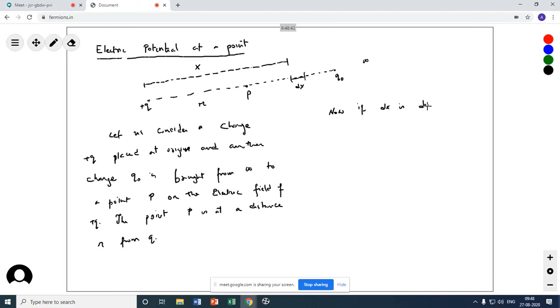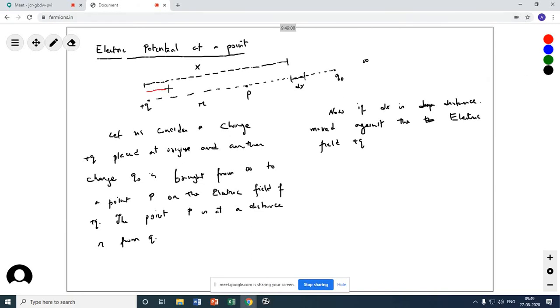a small distance moved against the direction of the electric field of plus Q. So where is the electric field direction?